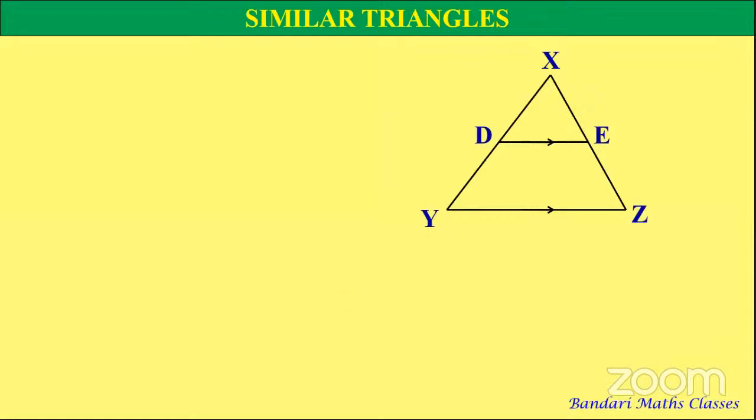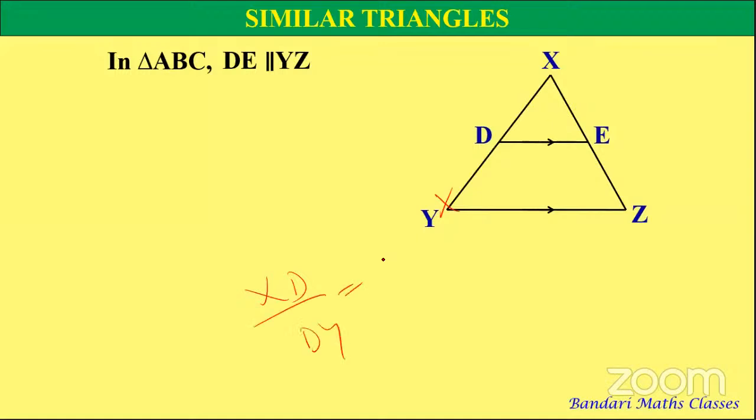Sir, XD by DY is equal to XE by EZ. Very good. This is the right answer.